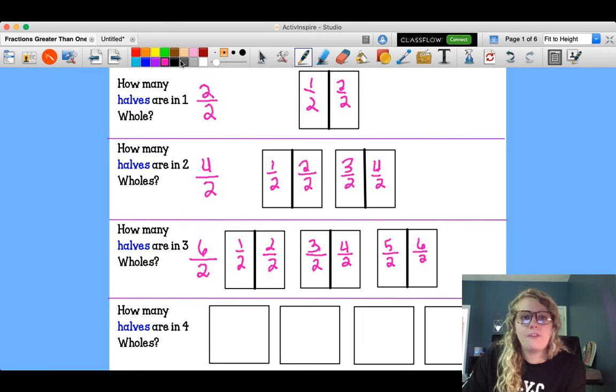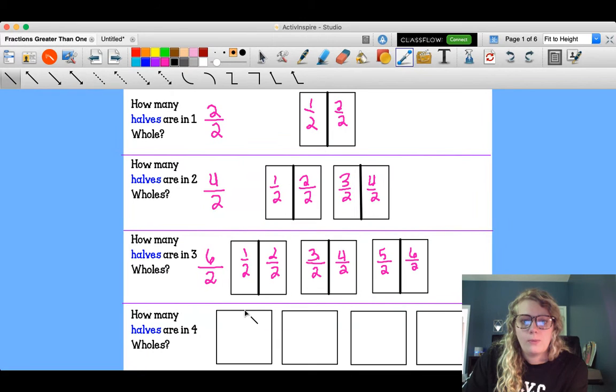Okay, and then finally, we have 4 wholes. Partition each of those wholes into halves.